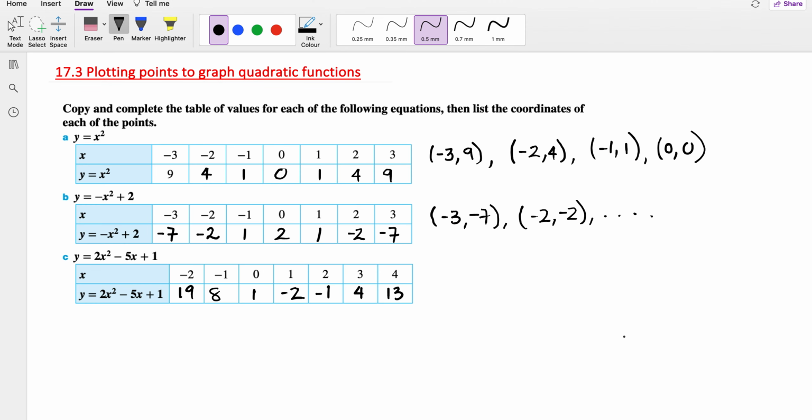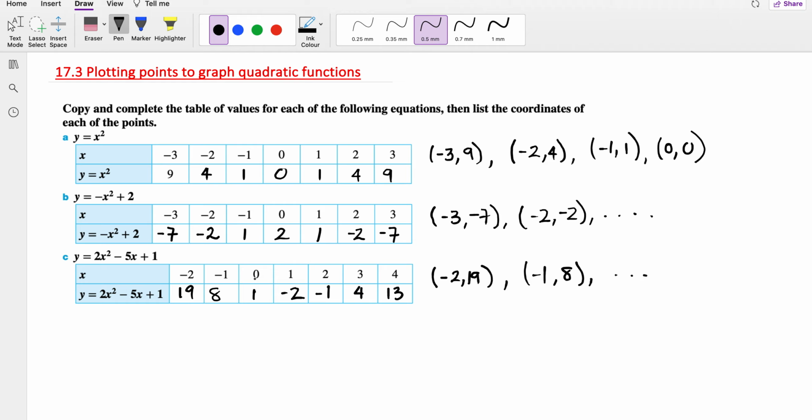Is that right? Yes. Wonderful. Now I have to write my coordinates. So it's going to be -2, 19, comma, -1, 8, and so on. You have to write them all.